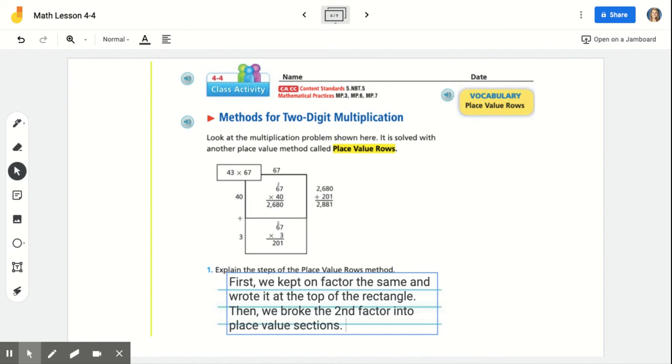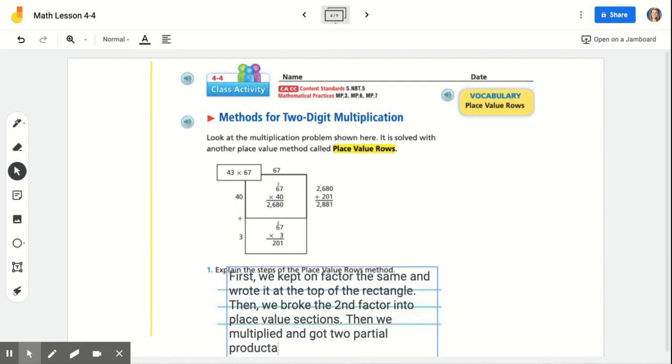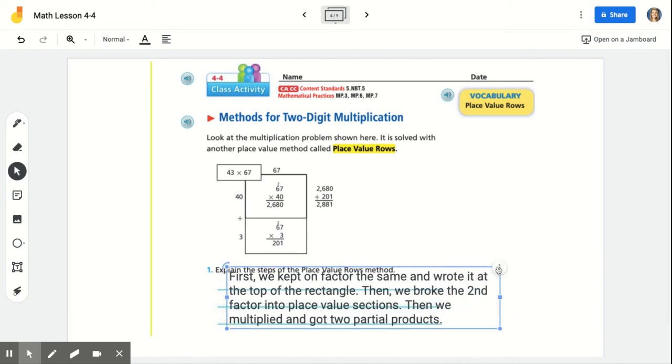Then we multiplied and got 2 partial products. And then finally, we added the 2 partial products.